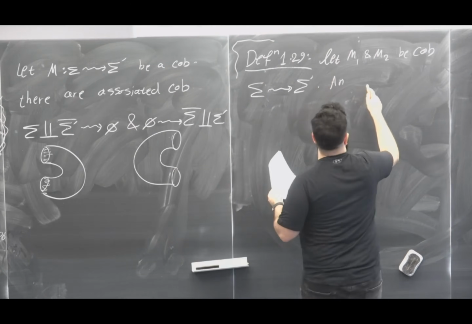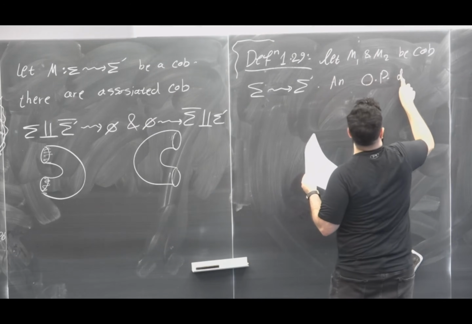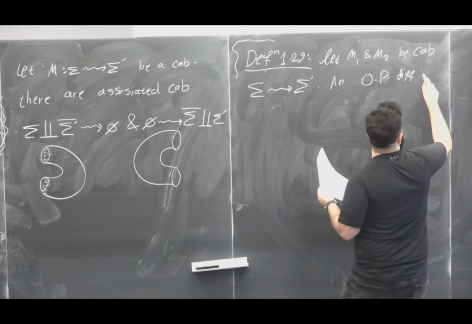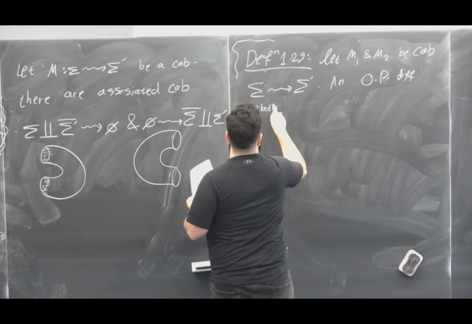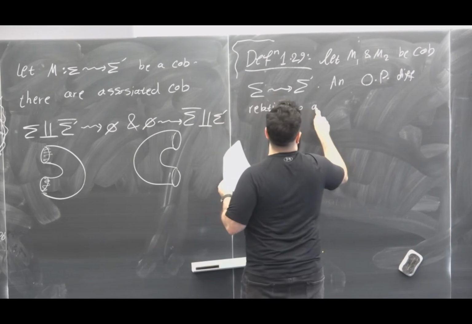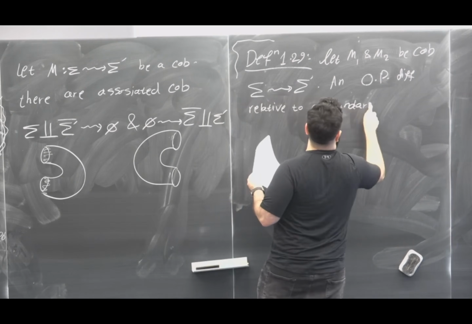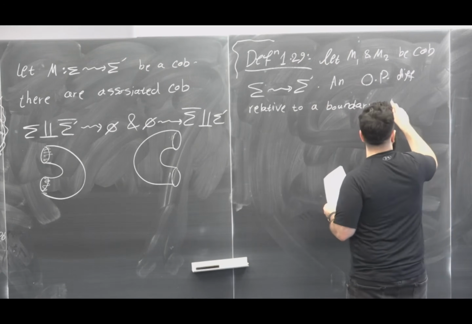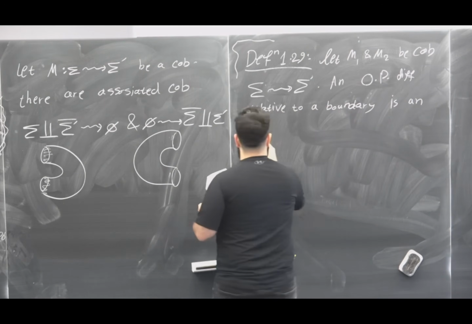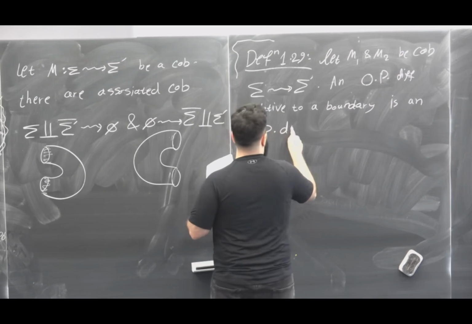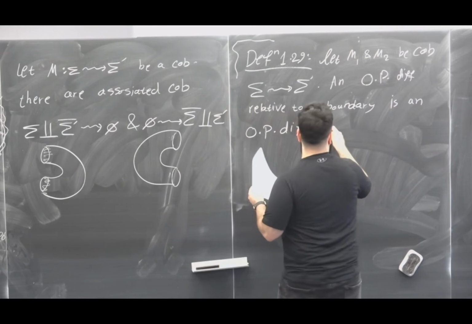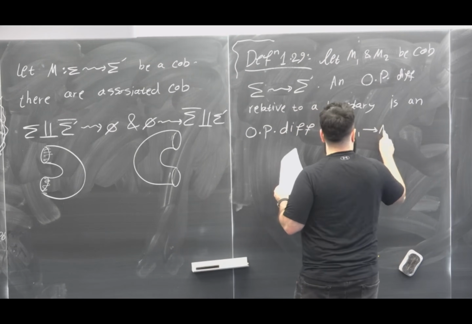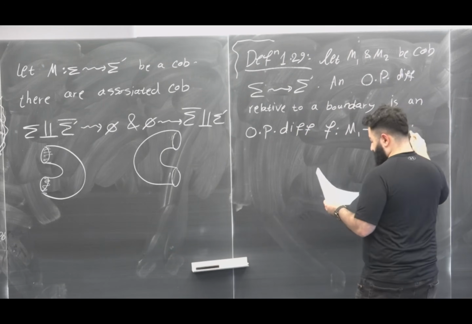An orientation preserving diffeo relative to the boundary is an orientation preserving diffeo F from our first cobordism to our second cobordism, such that this diagram commutes.